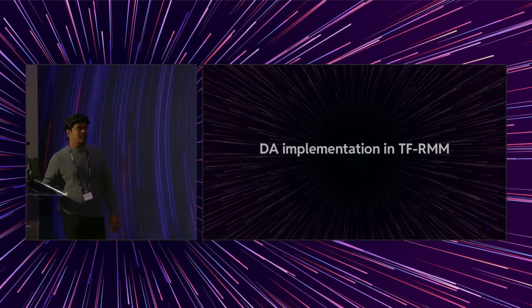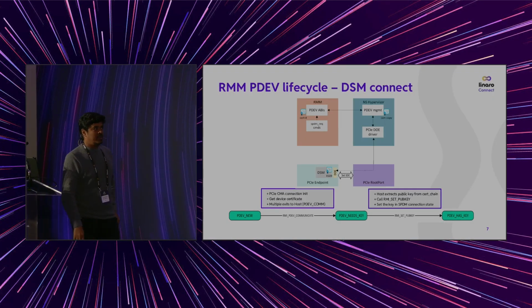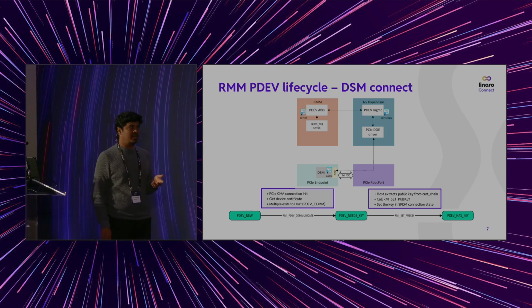So we'll move on to how the implementation is being done on TF-RMM. There are many ways in which to take it forward. The one that I chose is how we started with the implementation, and what were the first steps we did based on that.